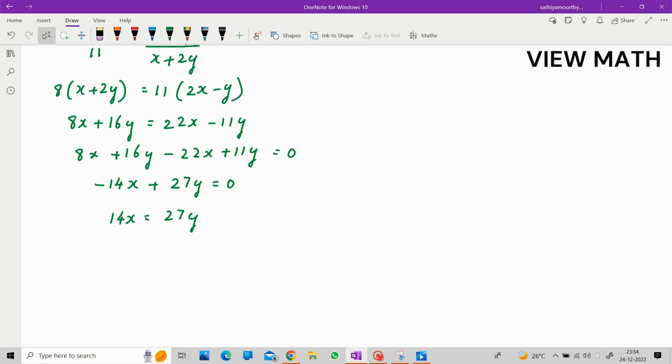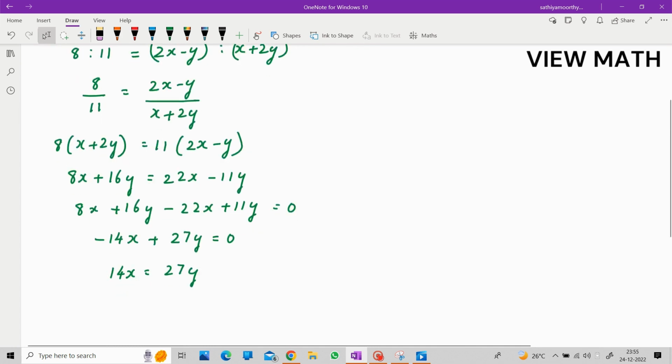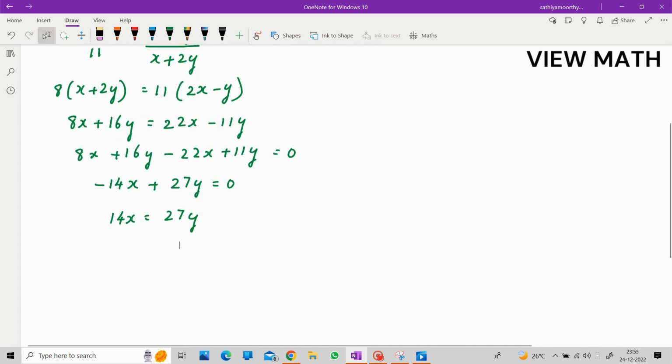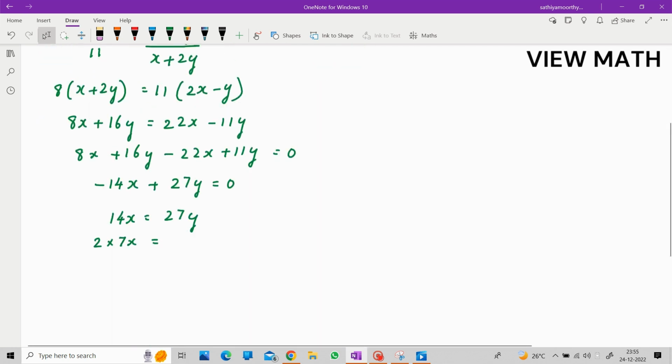They're asking us to find out 7x by 9y. Now I can write this as 2 into 7x, which is equal to, since they are asking us to find out 9y, I can write this term as 3 into 9y.